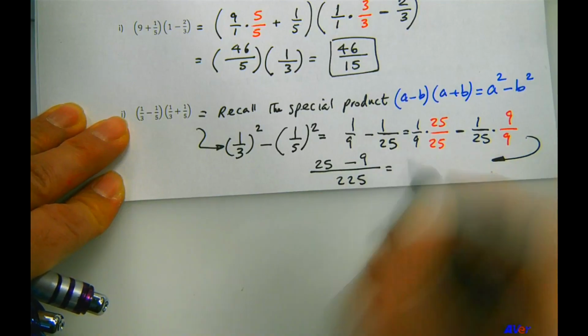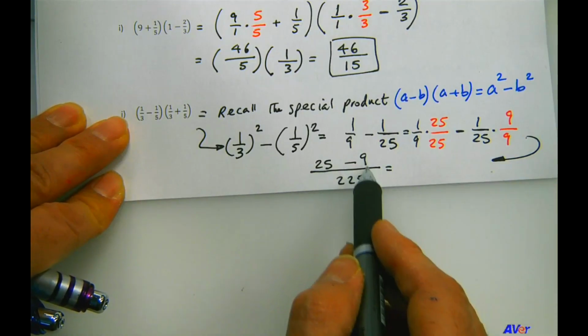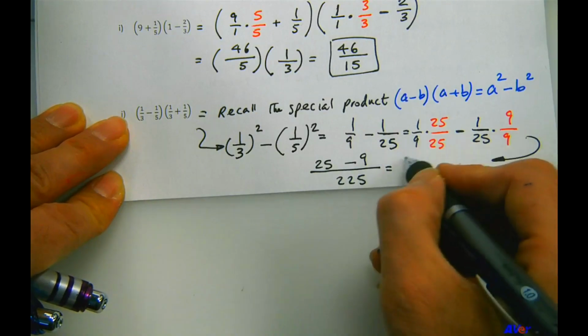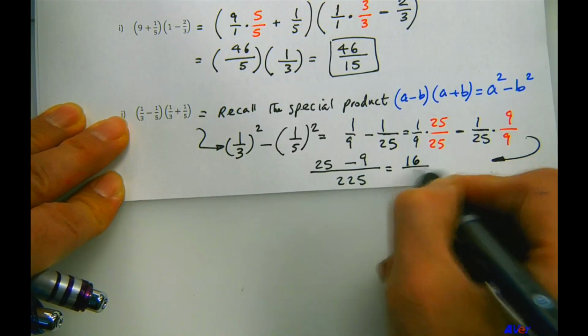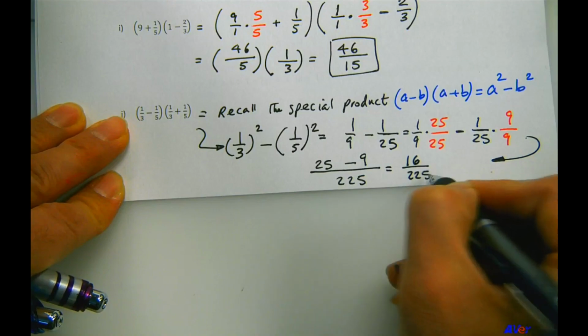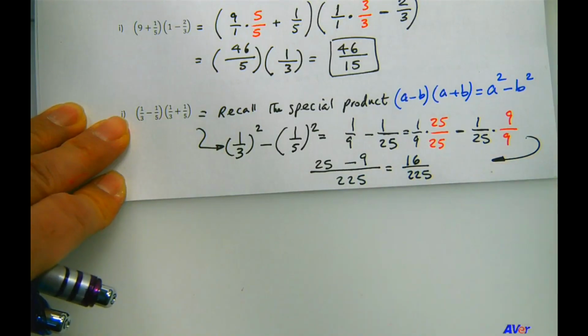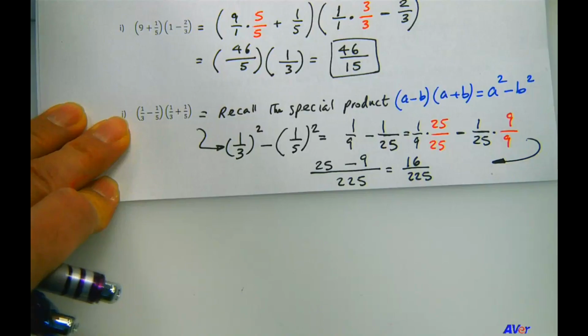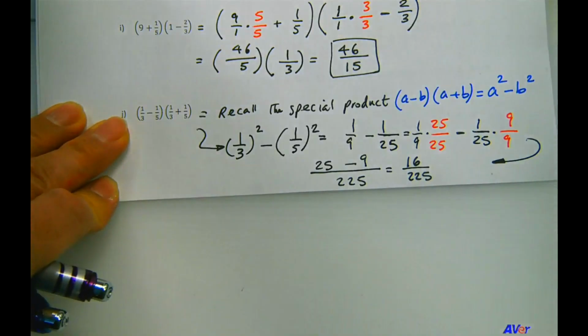So it'll be 25 minus 9, that's 16, positive 16 over 225.